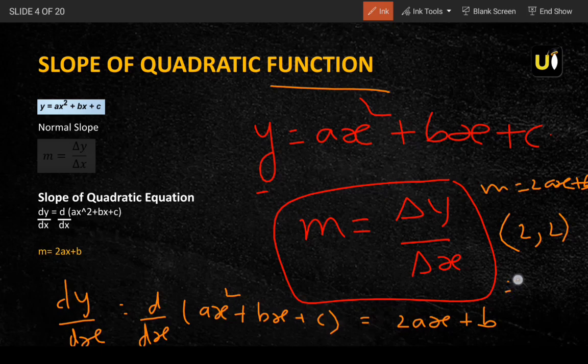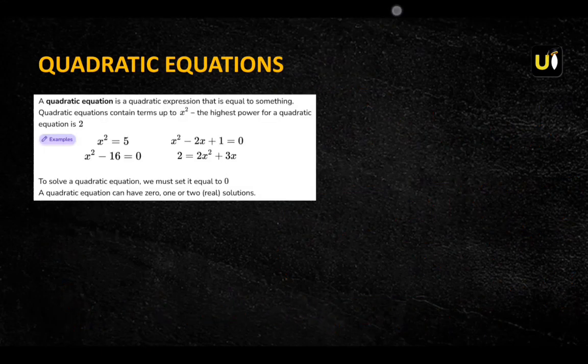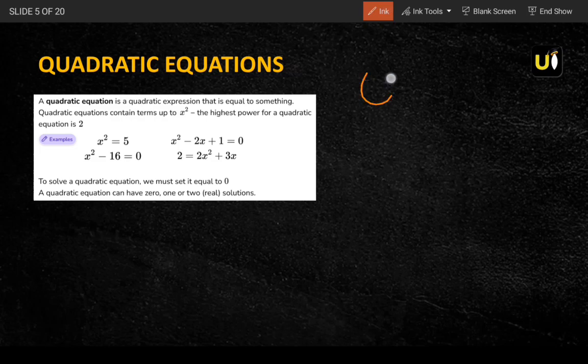Now if that ax square plus bx plus c is equal to some value, suppose ax square plus bx plus c is equal to some d, then this is considered to be a quadratic equation. The definition is: a quadratic equation is a quadratic expression that is equal to something. Here this quadratic expression is equal to something d. So this is a quadratic equation.